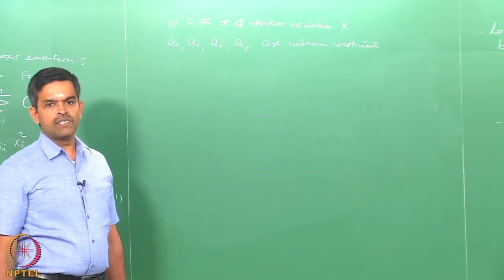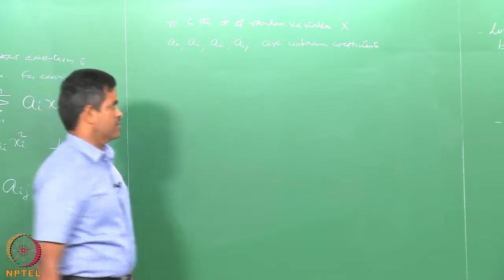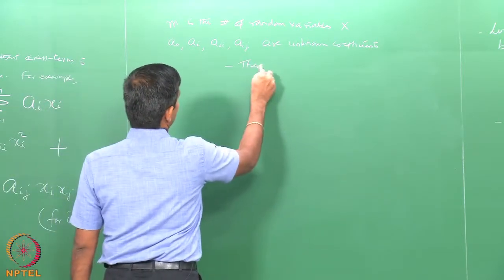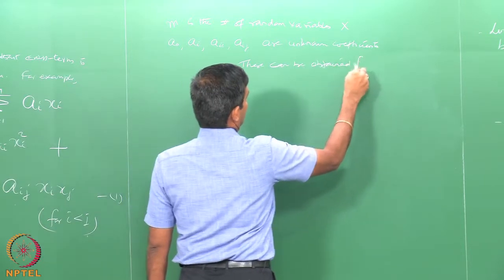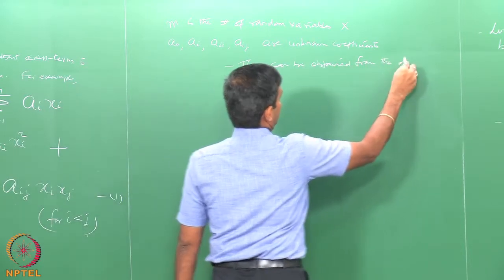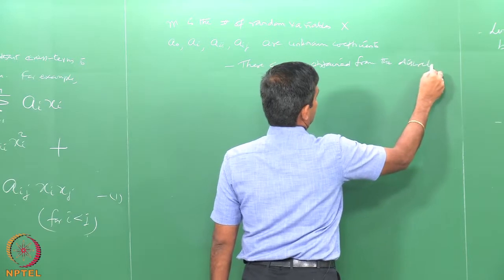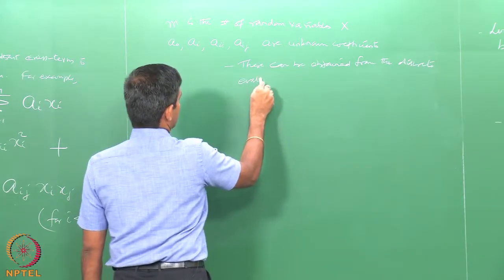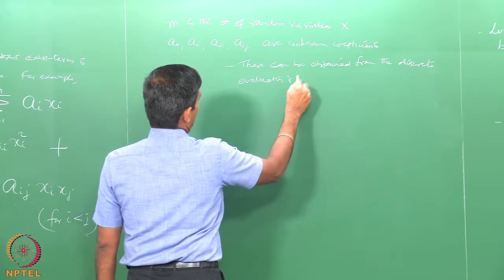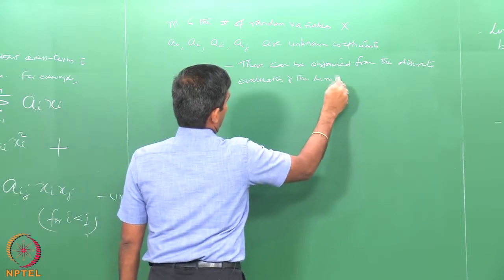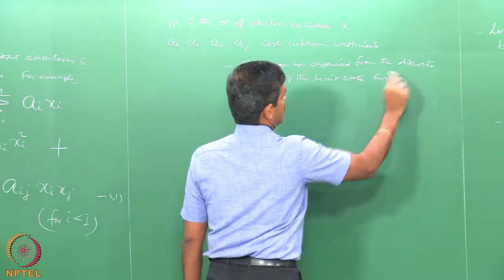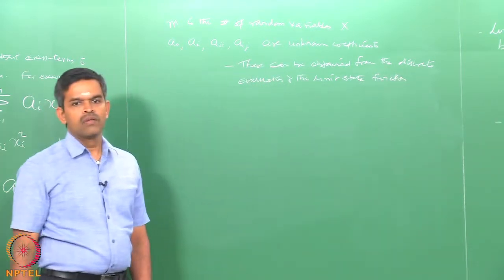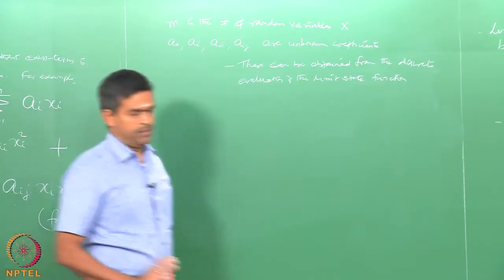These are obtained from the discrete evaluation of the implicit limit state function. So, these can be obtained from the discrete evaluation of the limit state function through a finite element routine.